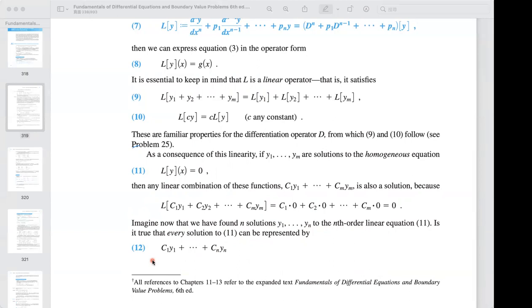Well, that is equivalent to saying, is this linear combination of these n solutions the general solution of our homogeneous equation? Okay, so let's stop here, and I will see you again soon.